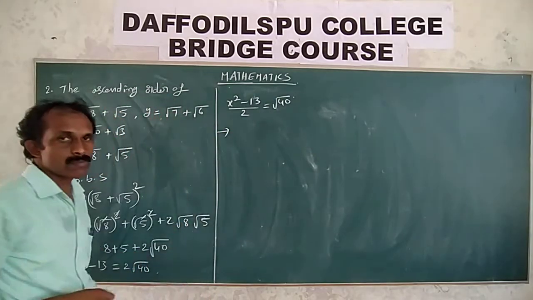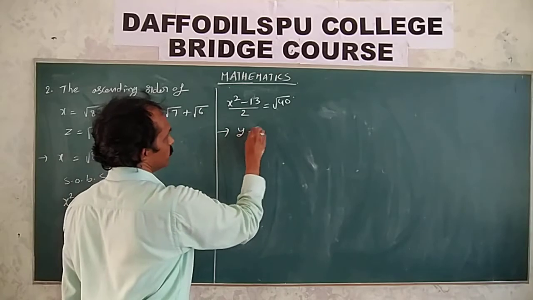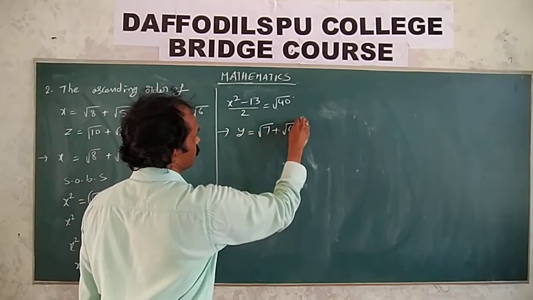Next, y value. What is y value? y is equal to root 7 plus root 6.